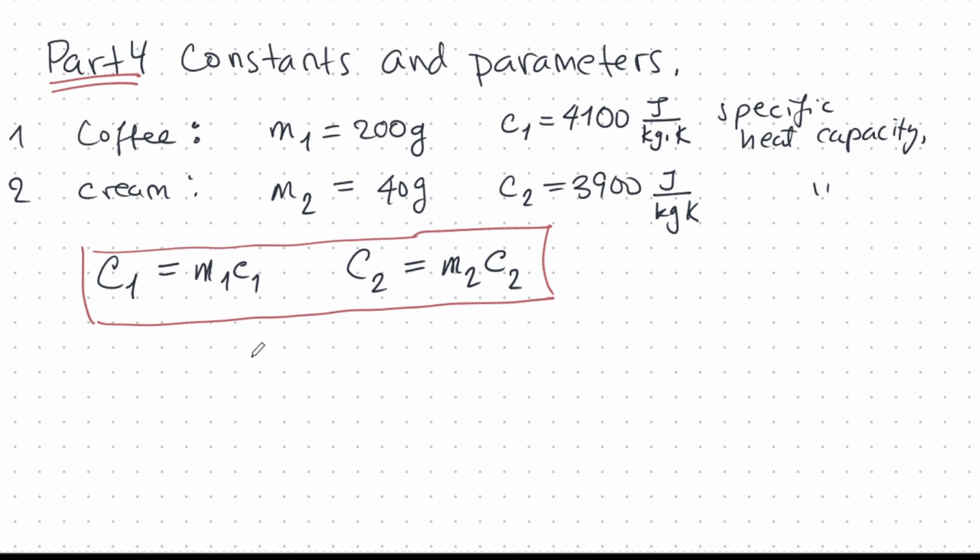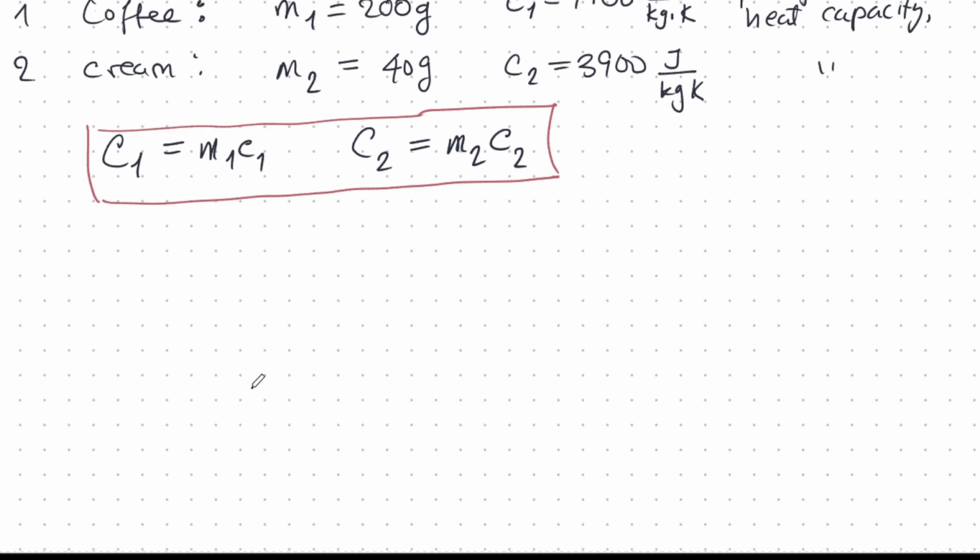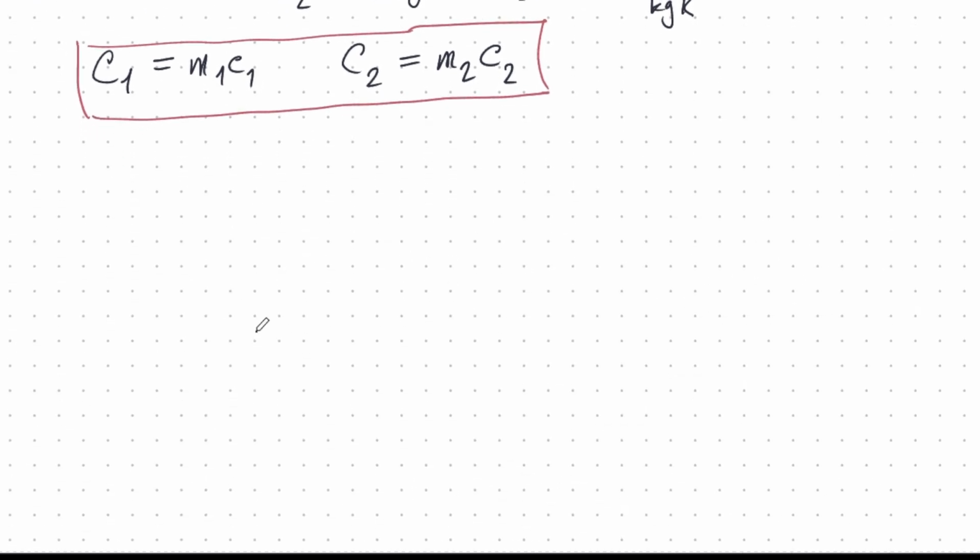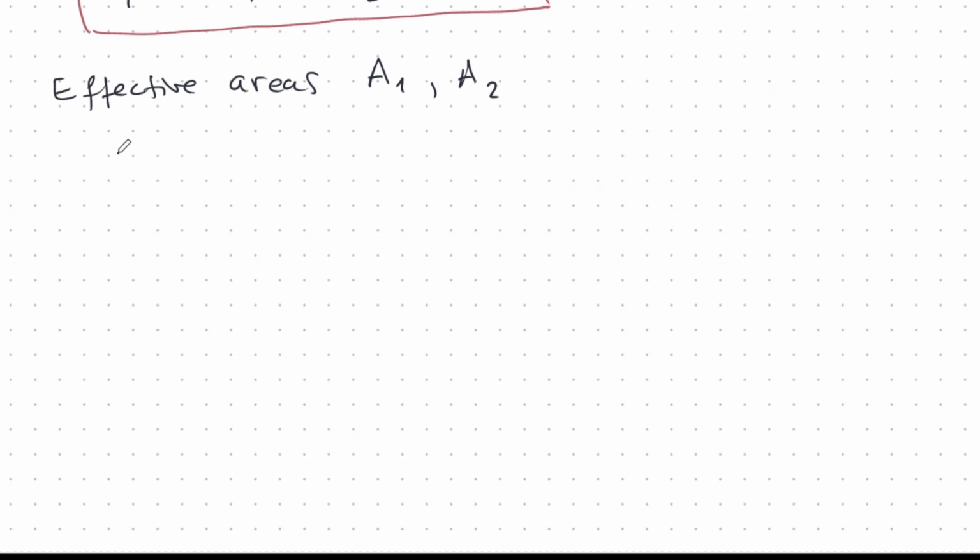But now we want to estimate the effective areas. So let's write that down. Effective areas A1 and A2 for the coffee cup and the cream cup. How am I going to do this? Well, I have to make some assumptions about my coffee cup.